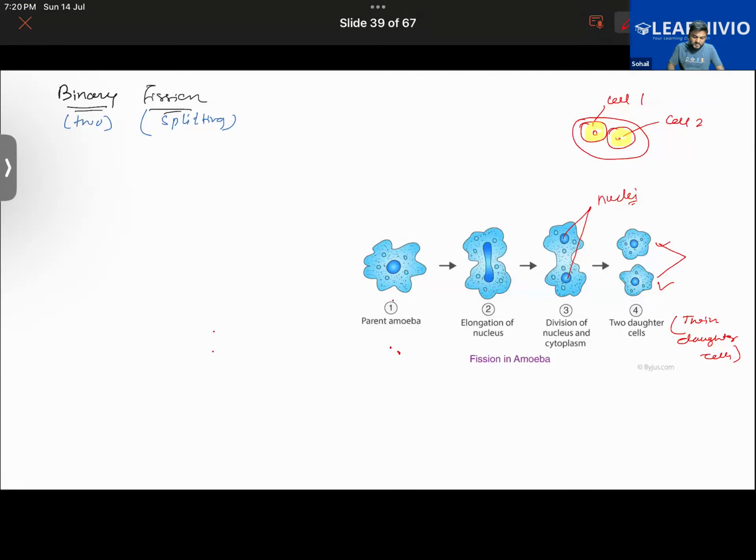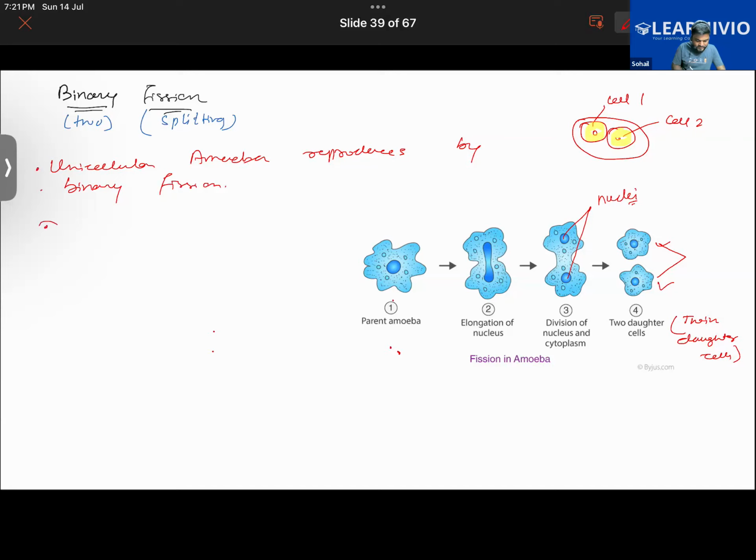So keep the following points which I'm going to write over here. The first point which we have learned is that unicellular amoeba reproduces by binary fission.